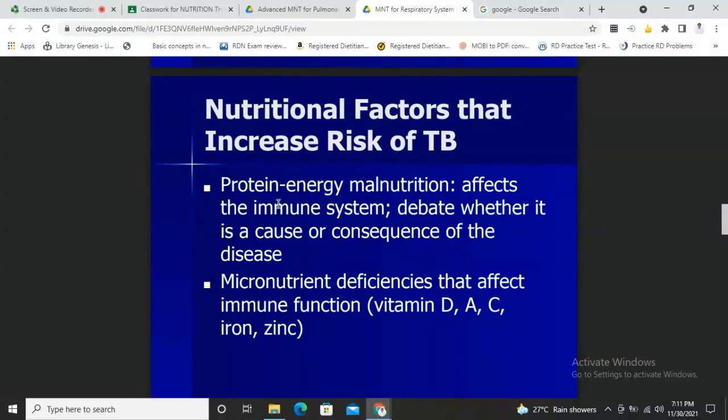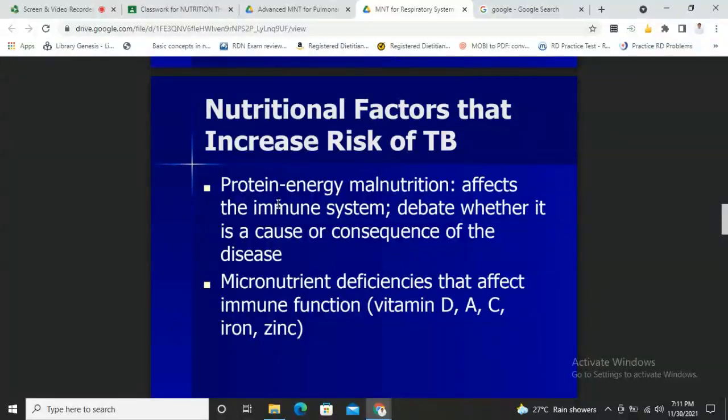So in that case, malnutrition is the cause. But because of the infection, the energy requirements increase, the food intake decreases, and that would worsen the already existing malnutrition. So in that case, malnutrition is the consequence. So therefore, malnutrition is both the cause and the consequence. And again, it's part of the vicious cycle of malnutrition.